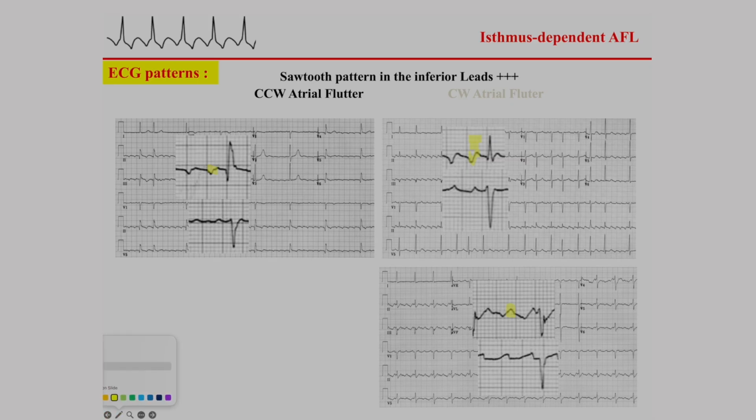The third group had a small negative followed by a positive deflection of greater amplitude, with a broad positive deflection in V1.